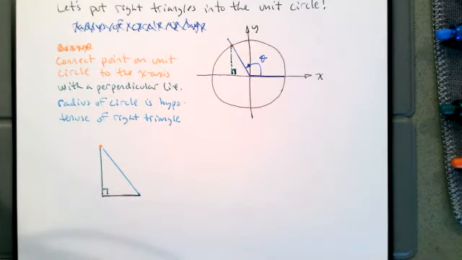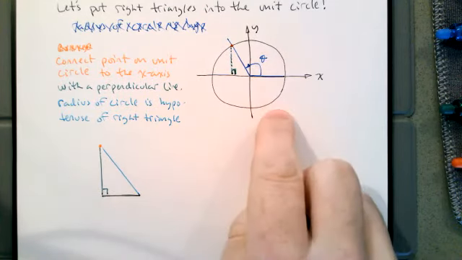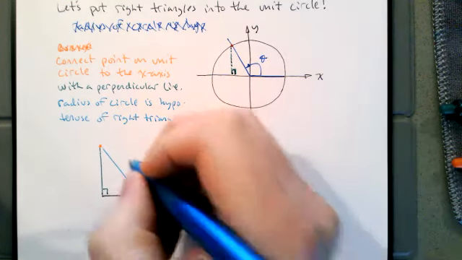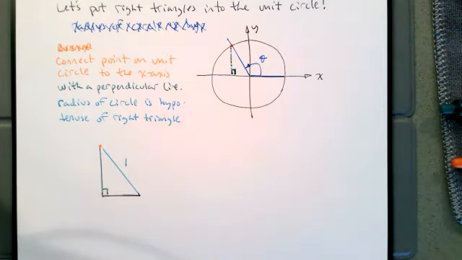So here's the right triangle. I'm just going to copy and then paste it down into here. Everybody see where I got this right triangle? What we notice is that the radius is the hypotenuse, and this is a unit circle, so the radius is equal to 1. Because that's the hypotenuse, it's the radius of the circle.